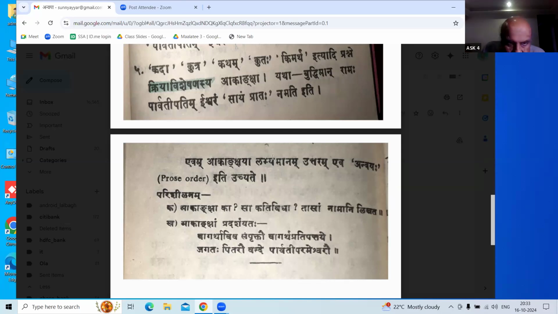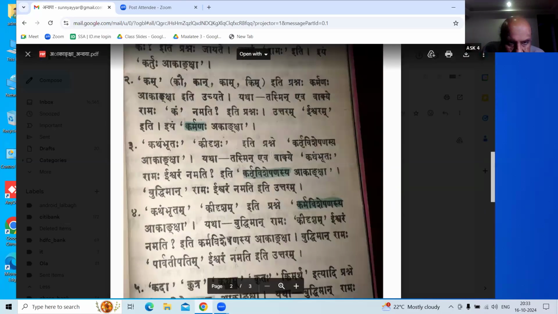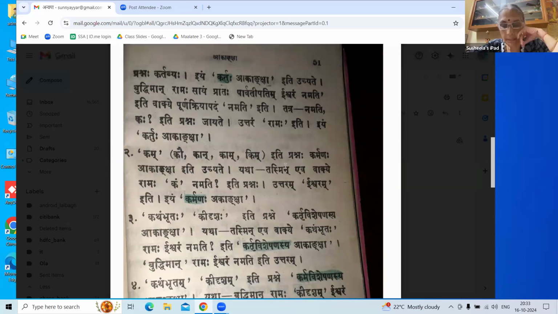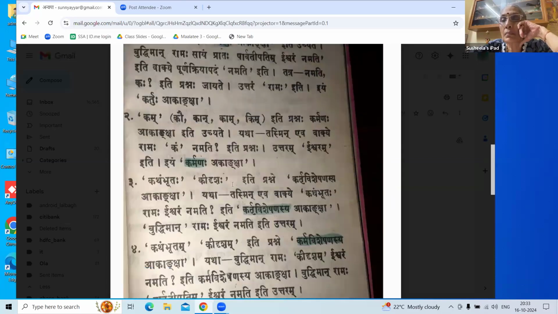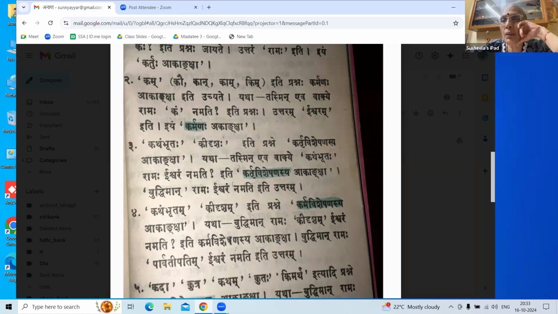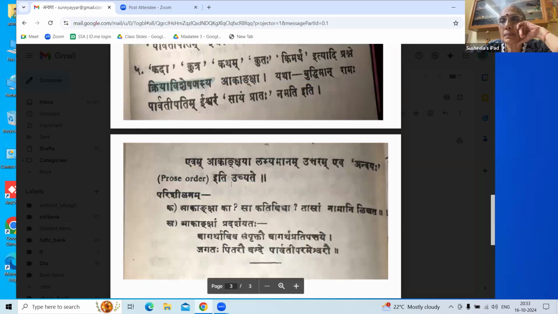Okay, Francis, now you identify the object. For object, here it is, Kartru Akanksha. See, here we have to use kam, kau, kam. These are all Karmanaha Akanksha. So you have to find the object. Sushila Bhagini actually identified the verb. She also identified the subject. Now you have to identify the object. Mahapadia, may I have the sentence, please? Okay.